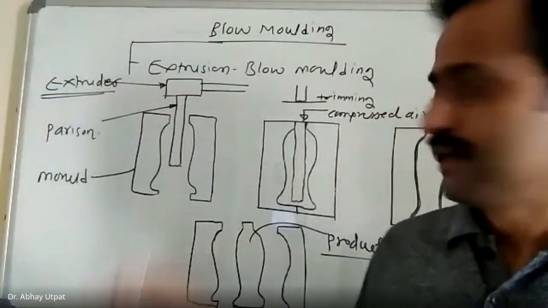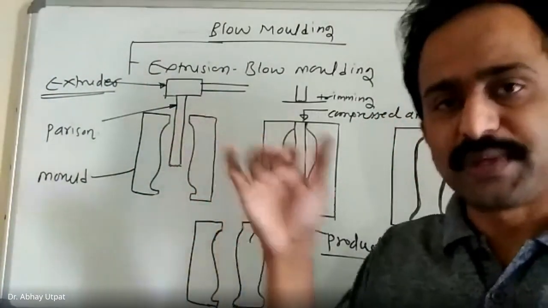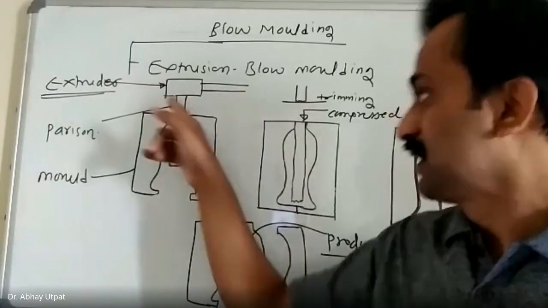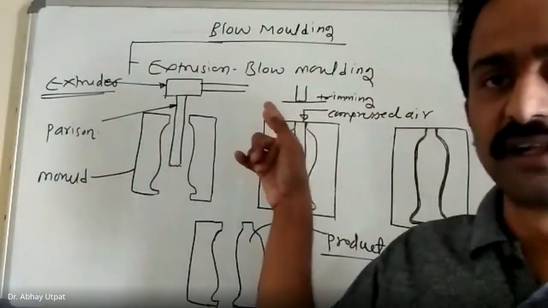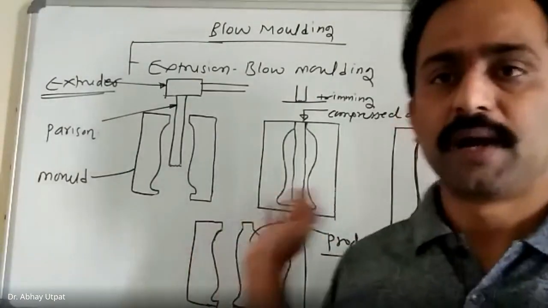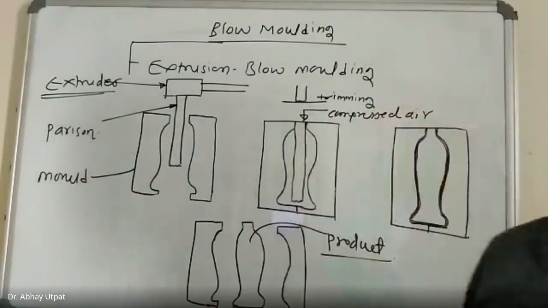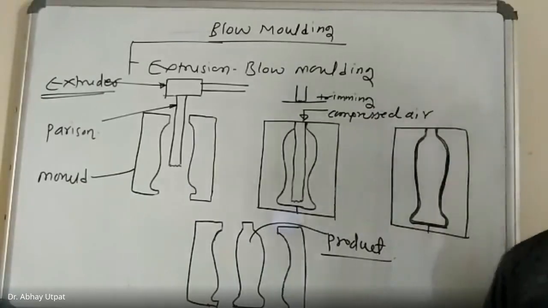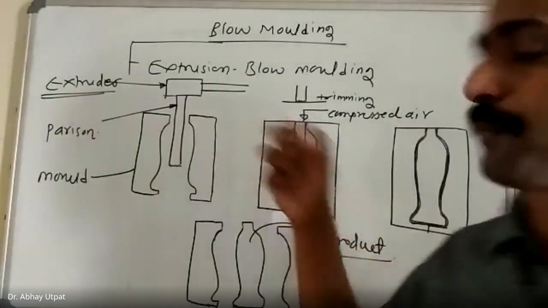But here, the long pipe will not be continued. As per the requirement, the length will be adjusted, then trimming will be done from this side, and then closing of the mold, and then opening of the mold after sending compressed air through the parison. This is all about extrusion blow molding.